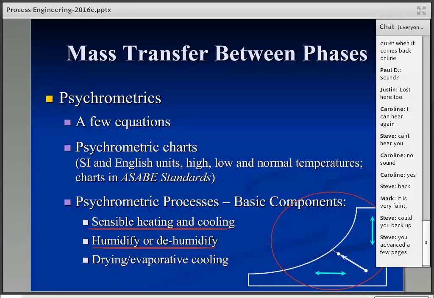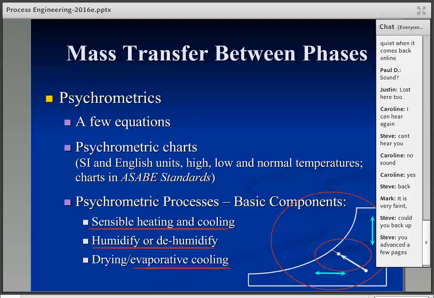The other process you see is evaporative cooling, which is exactly what happens in drying processes. And that's the topic that we're on right now. And so that's the diagonal line you see here, and as hopefully you remember, that's following a line of constant wet bulb temperature, because in the evaporative cooling process or drying process, the air moves up and to the left along a constant wet bulb temperature line.